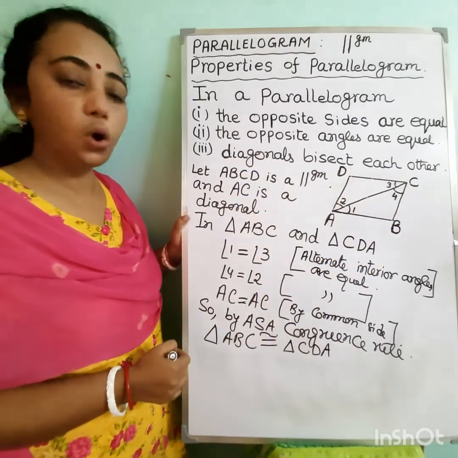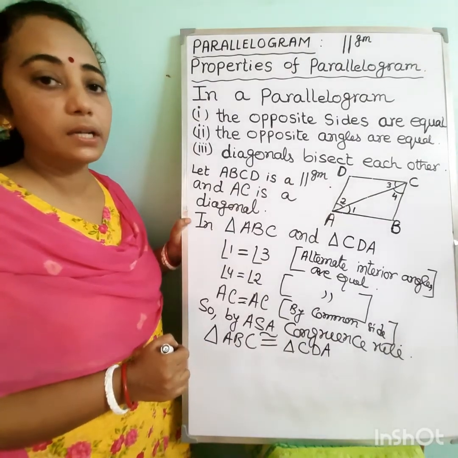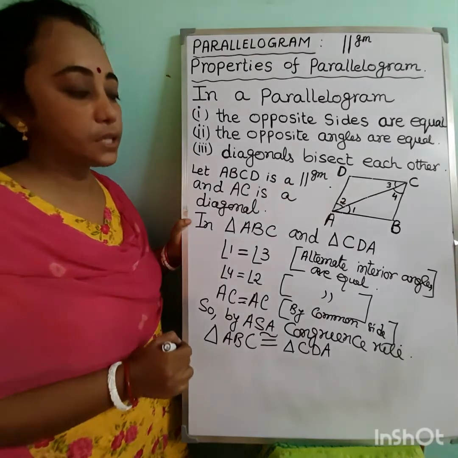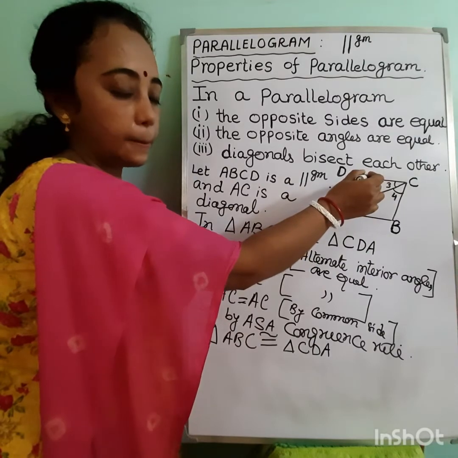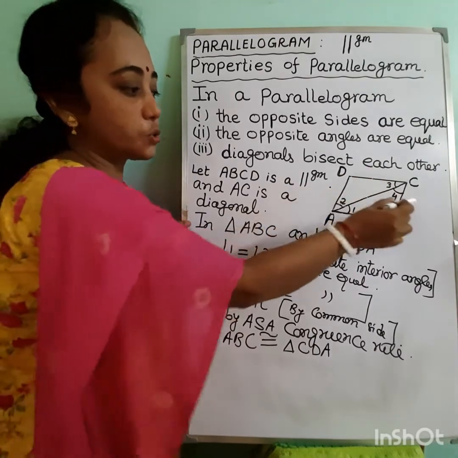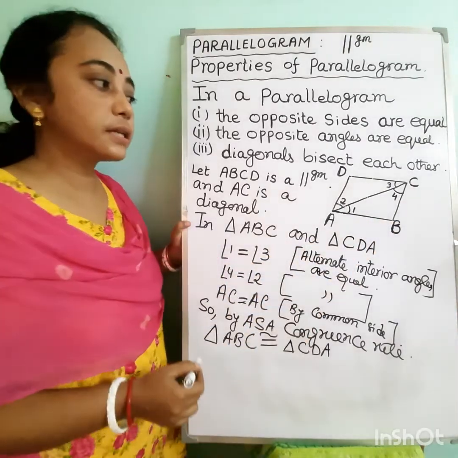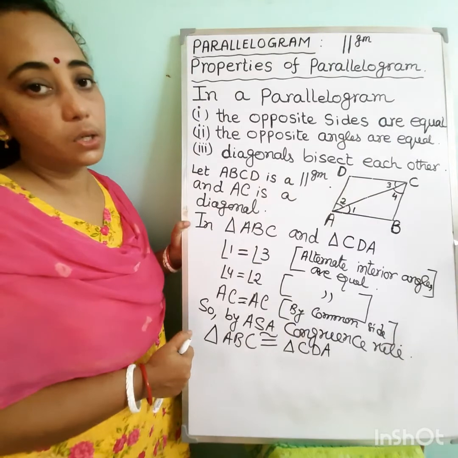These two triangles are congruent, and we know if two triangles are congruent, then their corresponding parts are equal. So we can say that AB is equal to DC, AD is equal to BC, and angle B is equal to angle D. We can write this because these two triangles are congruent.